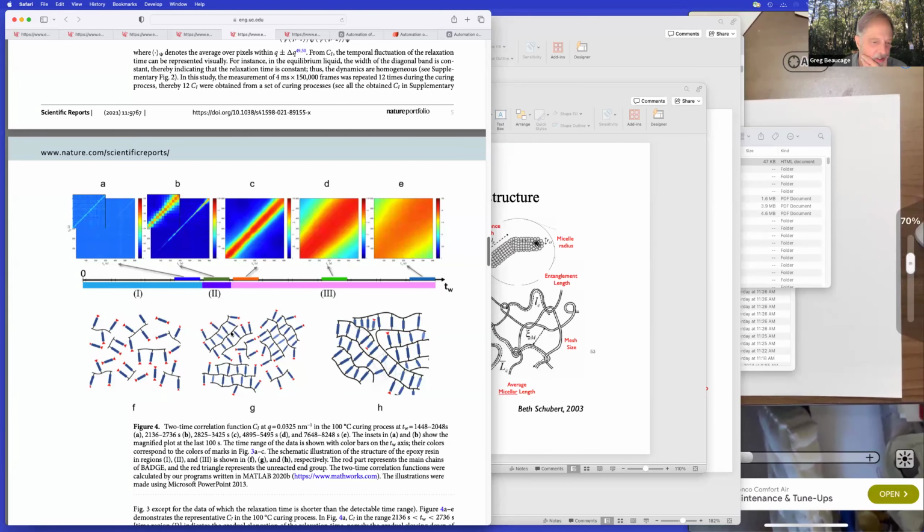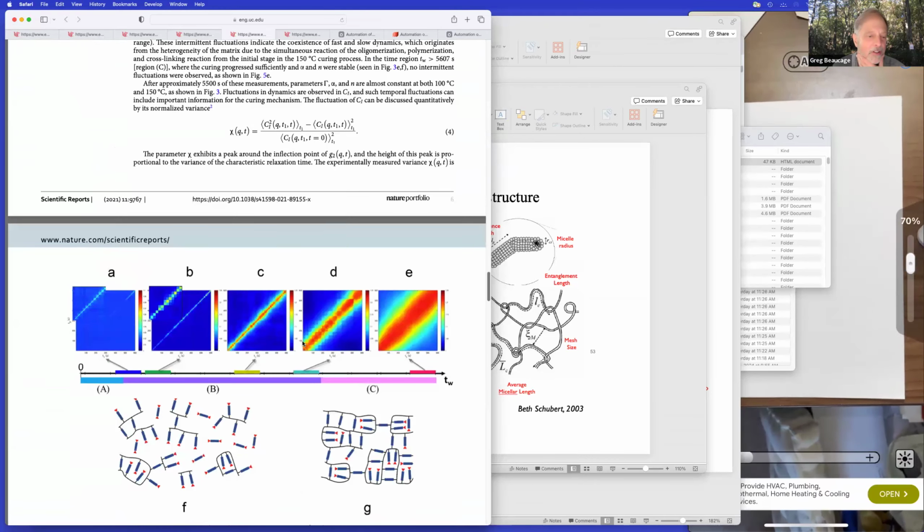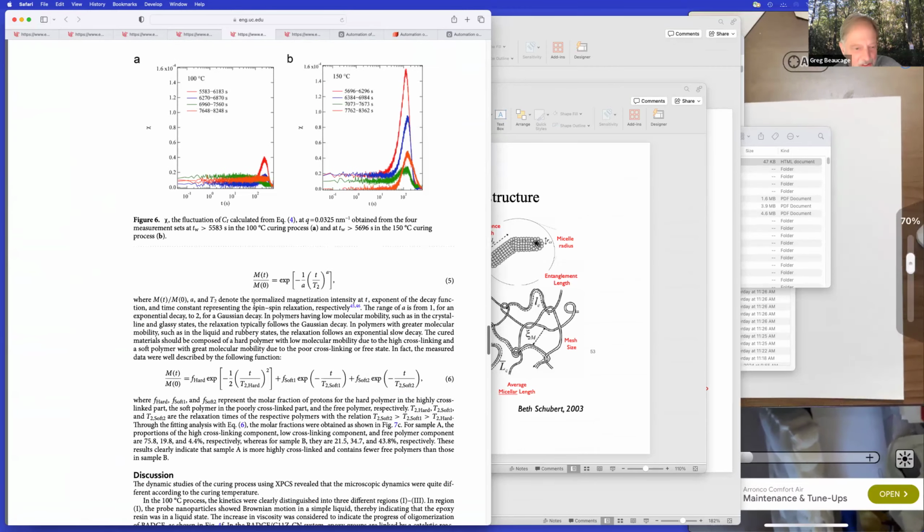If you look at the dynamics, some are still moving around independently, while in other regions it's making clusters. So they claim that by using this method, they can sort out the fraction that are clustering and the fraction that aren't, and watch that as a function of time as it cures. You could tell maybe the uniformity of the curing under different conditions, like cooling rates. That's my read of it. I didn't read through this in depth, I just skimmed it, but they're using the same equations.